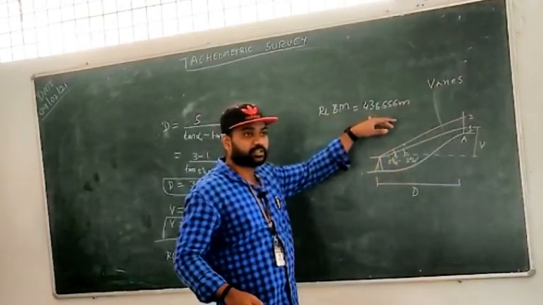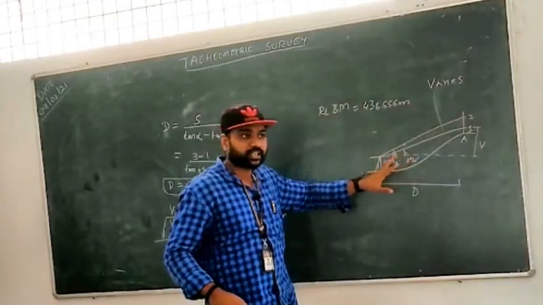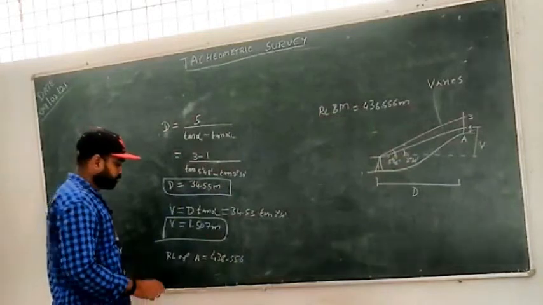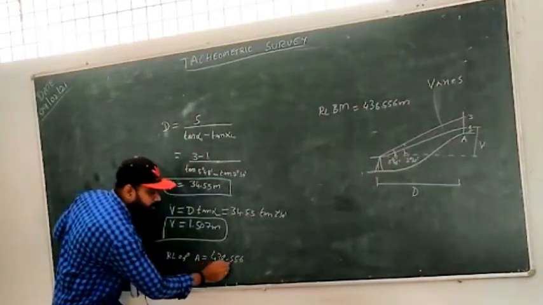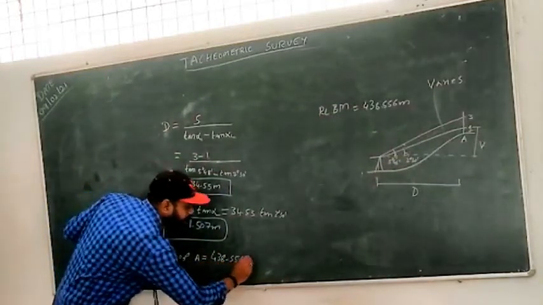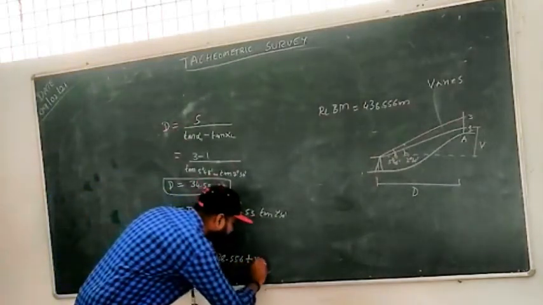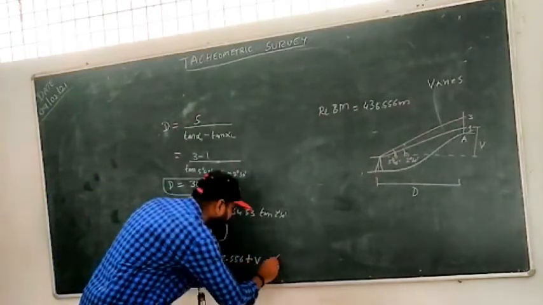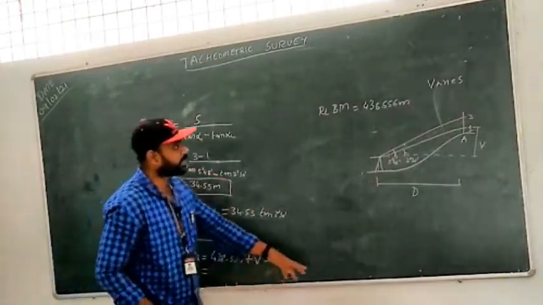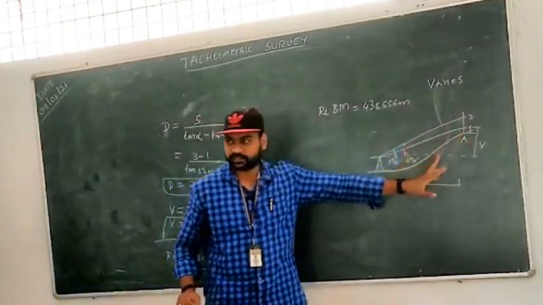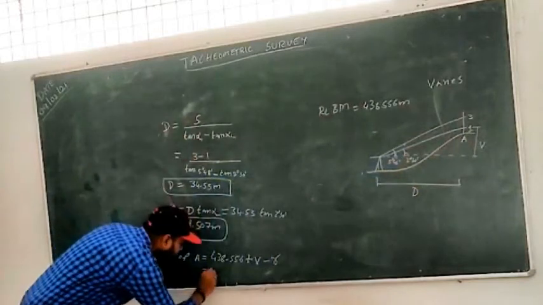So there you have to assume like that. So this is 438.556, then you tell me plus V, right? Plus V minus R. So why am I going to put minus R? Because from here to here is minus, right? R.